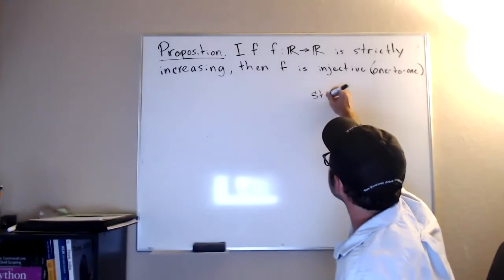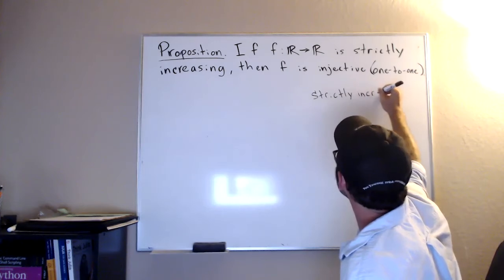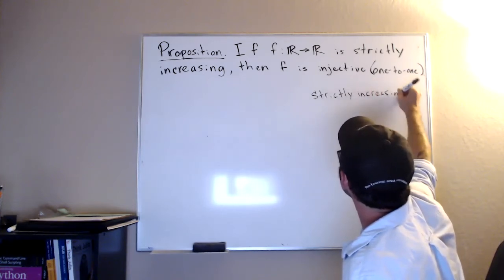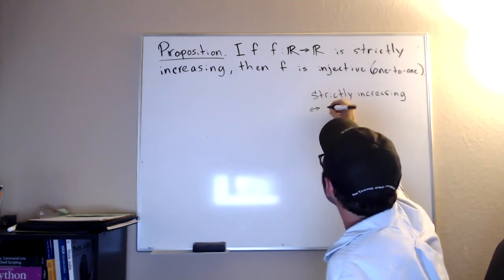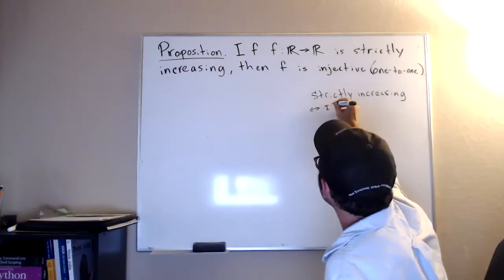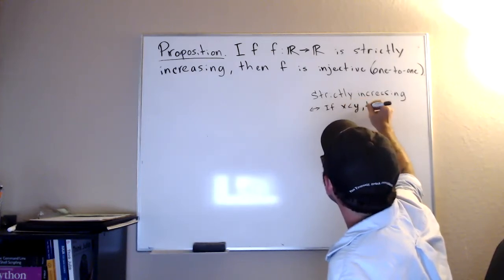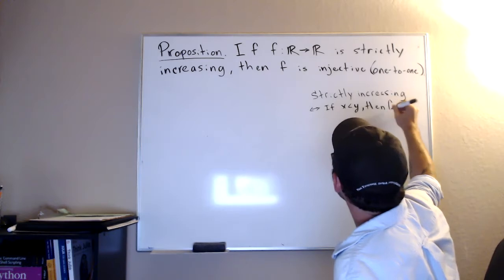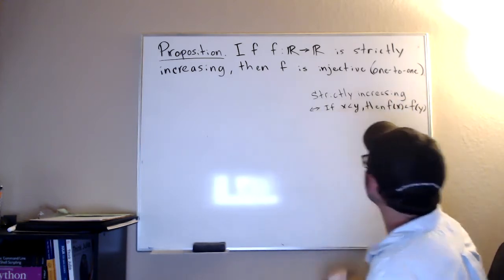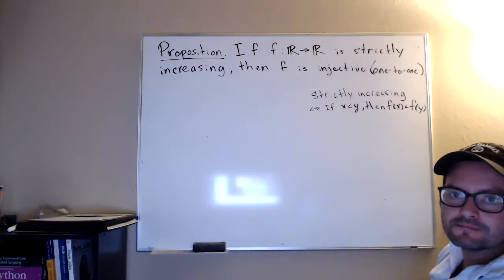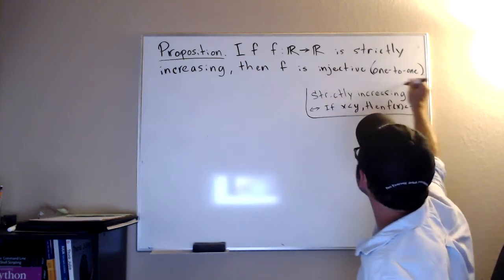So strictly increasing is the same thing as saying if x is less than y, then f of x is less than f of y, right? That's the definition of being strictly increasing. So that's one thing that we need to consider.